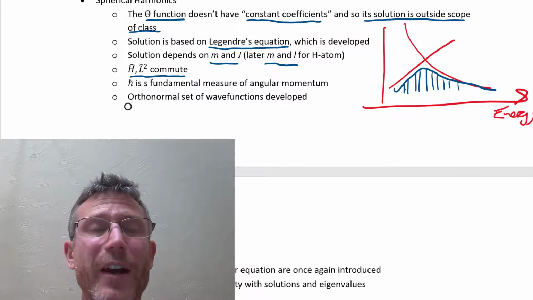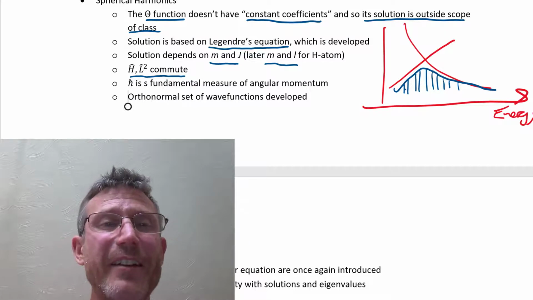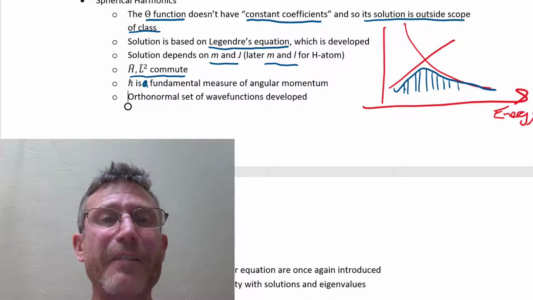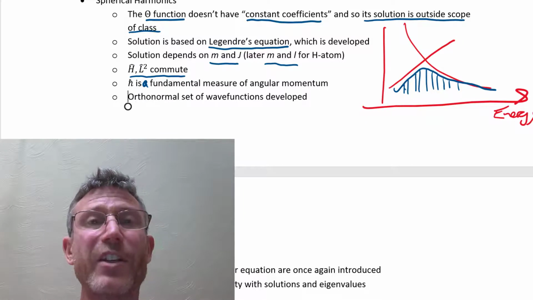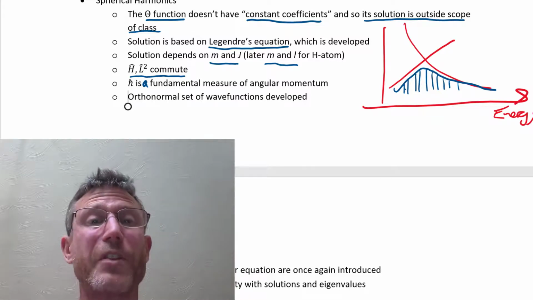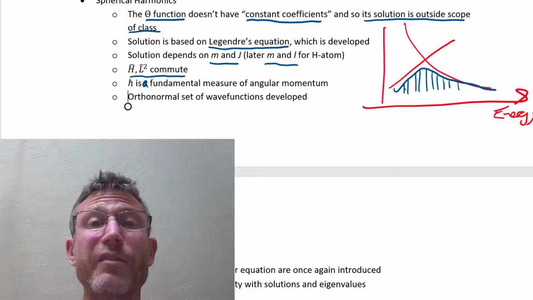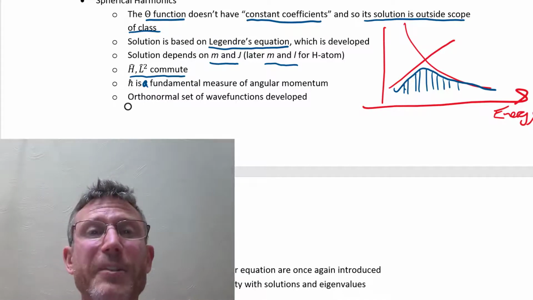So that was an important stepping stone. We also, this should say, h bar is a fundamental measure of angular momentum, and then we later on went on to actually look at the orthonormal set of wave functions that were solutions to that Schrodinger equation for the rigid rotor. So again, these were the spherical harmonics.